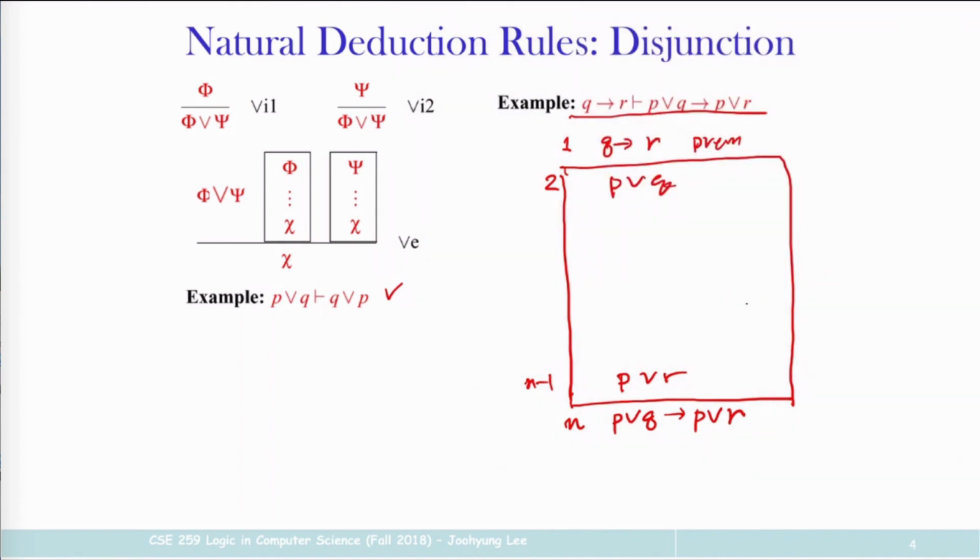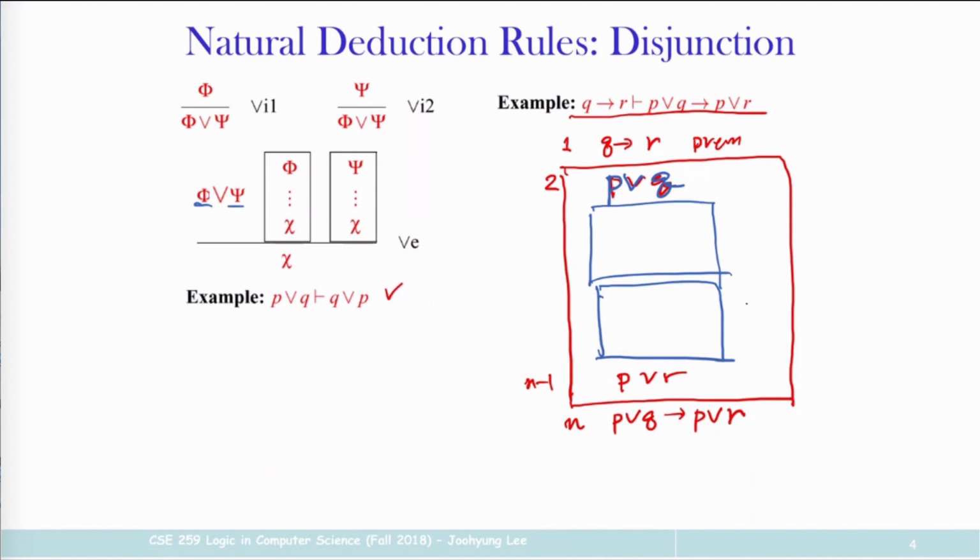I'm going to use line 2 as my case statement. So there are two cases: P is true versus Q is true. I'm actually using phi or psi, so my phi is P and psi is Q. Then I need two boxes, right? So now can you tell me what should be filled in each of the boxes?